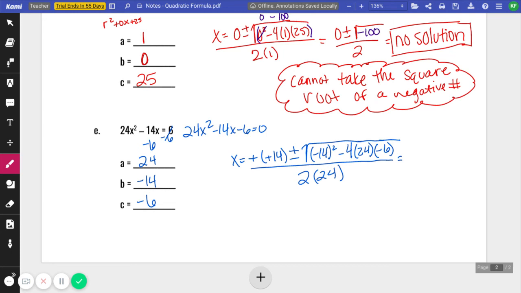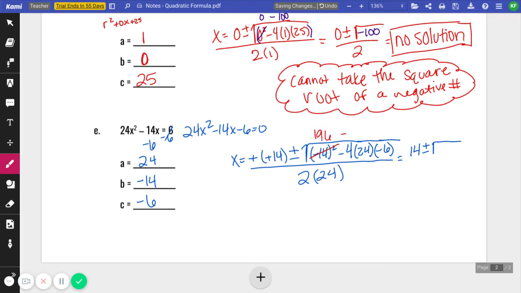When we simplify, we've got 14 plus or minus the square root, and I'm going to do my simplify here. So I've got negative 14 squared. Remember to use parentheses or do negative 14 times negative 14. You get 196.